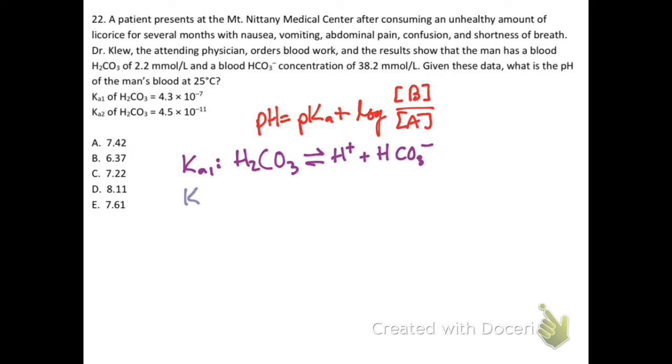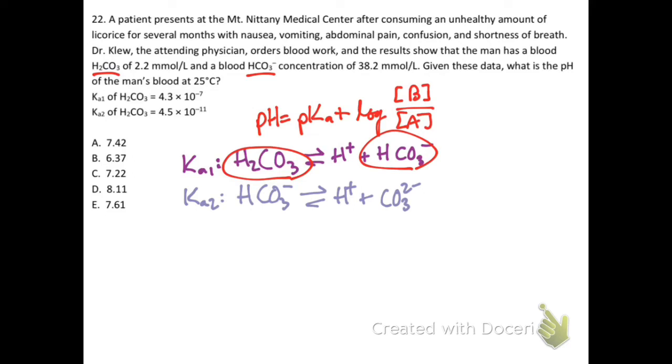Ka2, on the other hand, is going to be HCO3- dissociating into H+ and CO3 2-. So which one relates the conjugate acid-base pair that we have? Notice that our acid-base pair is H2CO3 and HCO3-, so that's going to be Ka1 that relates those two.